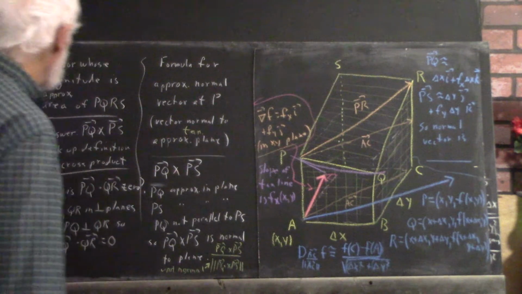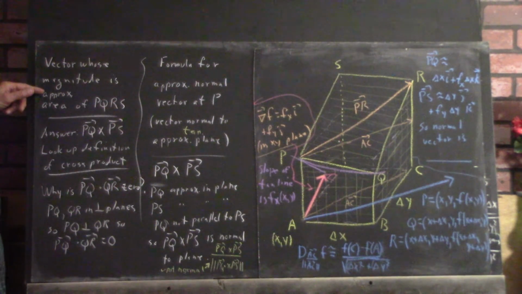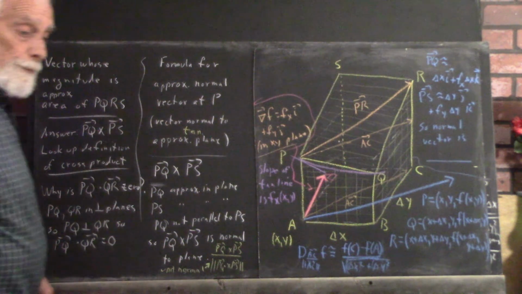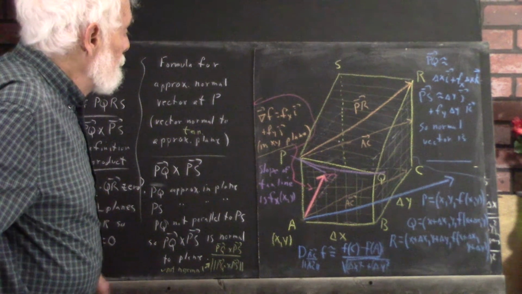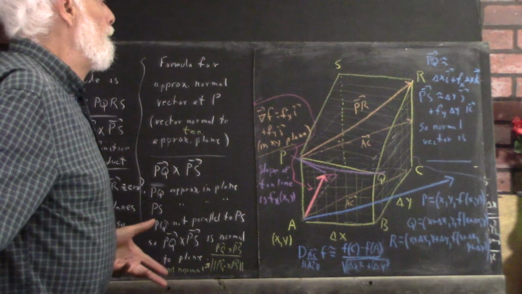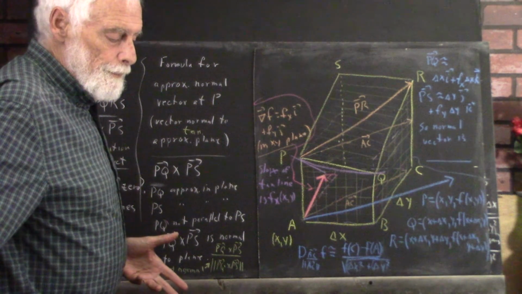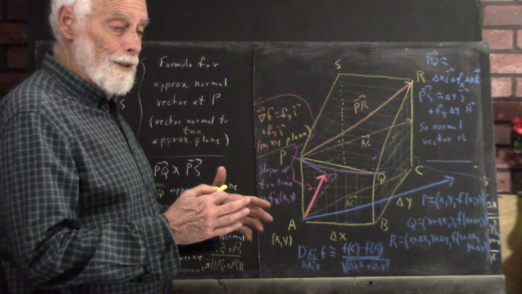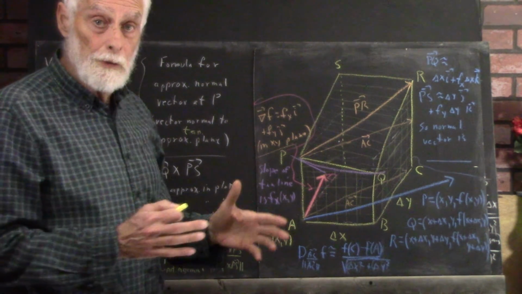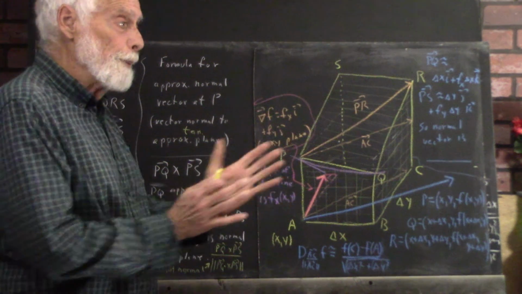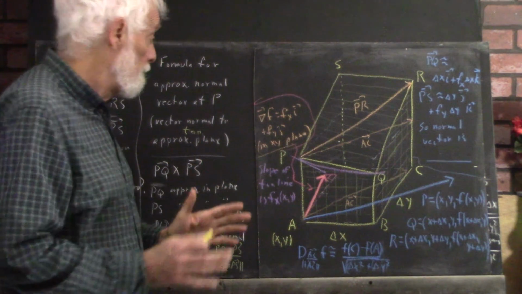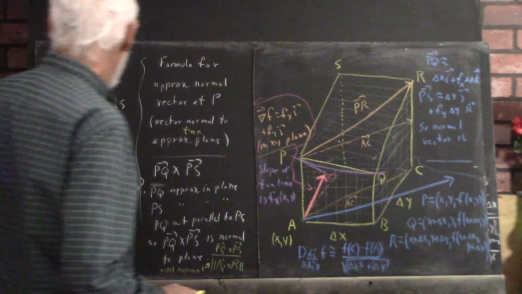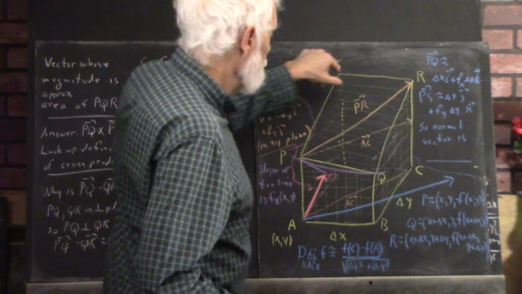Okay, now how about a vector whose magnitude is approximately equal to the area of PQRS? Okay, well again, property of the cross product of two vectors is that the magnitude of the cross product is the area of the parallelogram that they define. Well, right here is the PQRS.